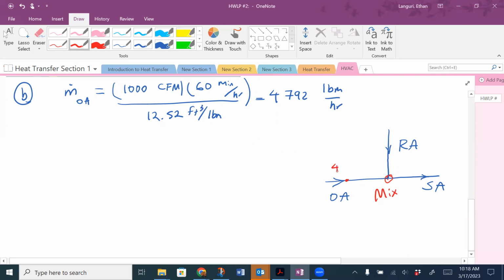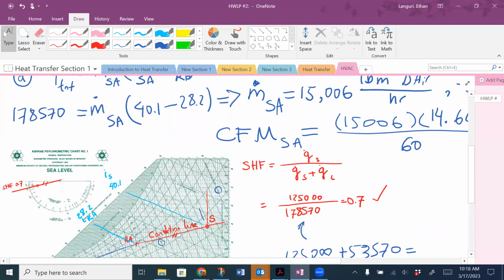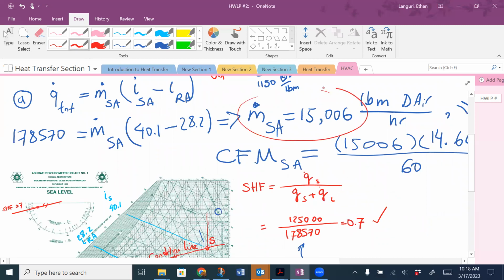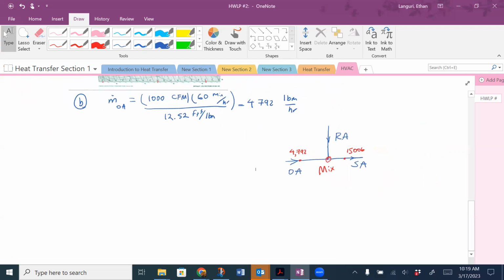So I know that 4,792 is from the outside. I still don't know about my return air, but I know my total supply is 15,006, right? We have found it in the calculation over here. So easily 15,006 minus 4,792 gives me how much m dot is coming from the return. So I can quickly solve for that part.